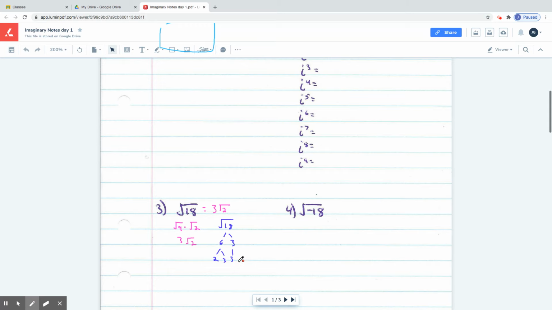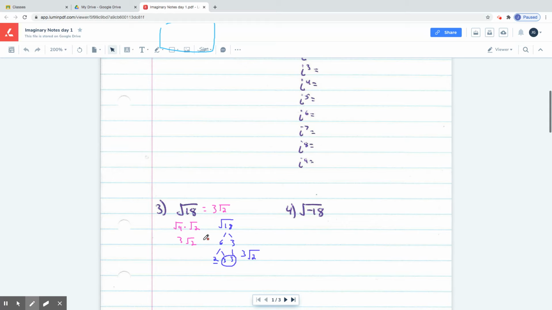Since we're doing a square root, you look for 2 of one number. In this case, we have 3. Anytime you have a pair, you take one of those, and that goes on the outside. Whatever's left, in this case the 2 that didn't have a pair, stays on the inside. If you have more than one pair, you multiply the numbers on the outside. If you have more than one number left, you multiply them on the inside.